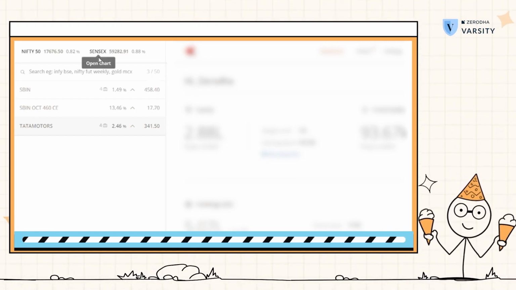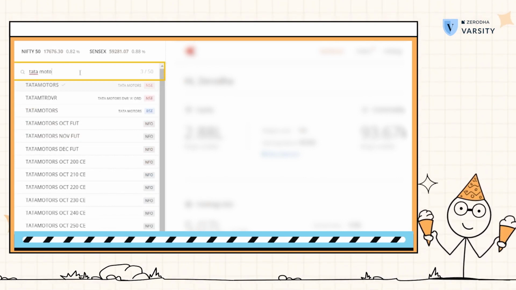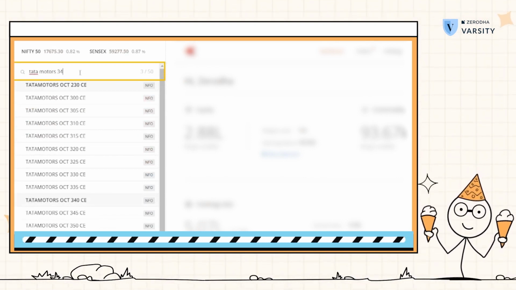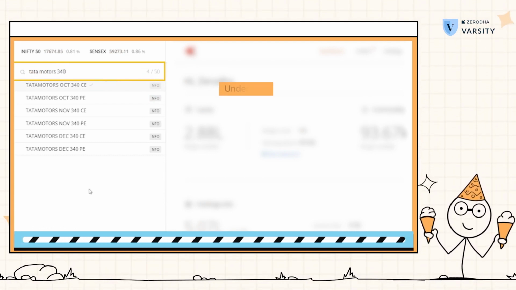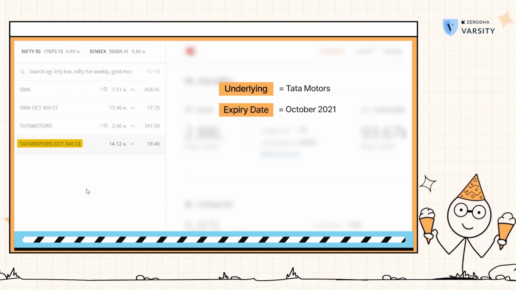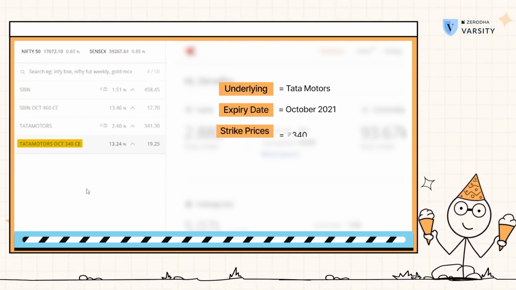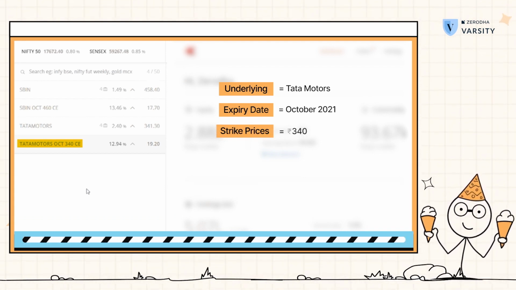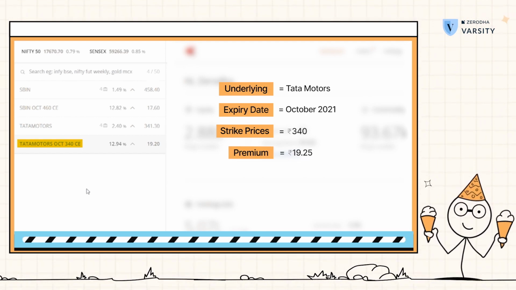Now let me load a call option on Tata Motors. In my watch list, I have Tata Motors, which is the underlying. The expiry of this option is in October, which means the last Thursday of October. The strike price is 340 and the premium is 19 rupees 25 paisa.